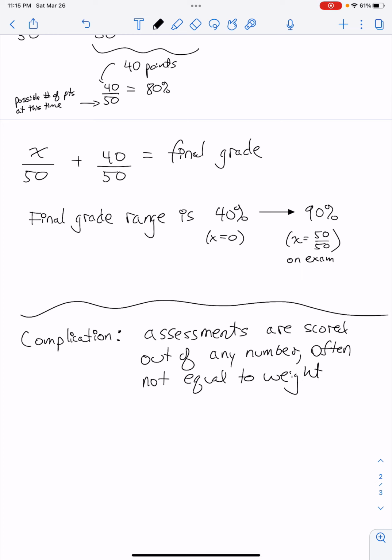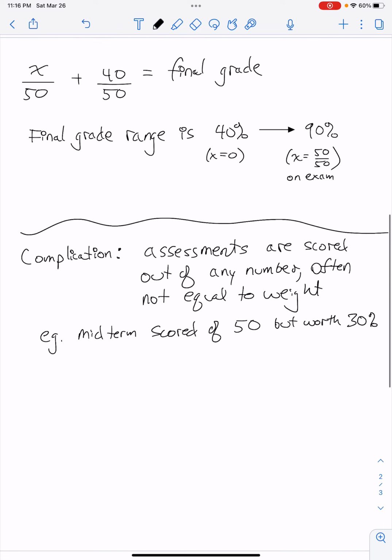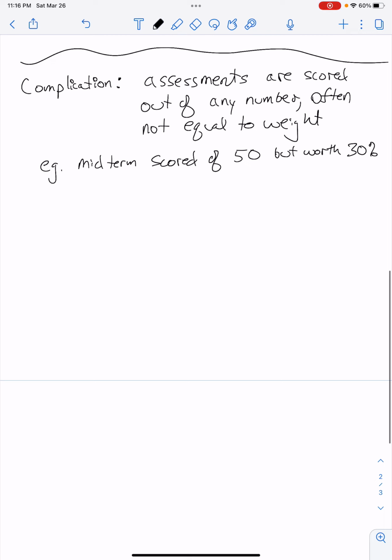So for example, a midterm scored out of 50, but worth 30%. So what do you do in that case? Well, the way you handle that is to say, well, you got 38 out of 50.